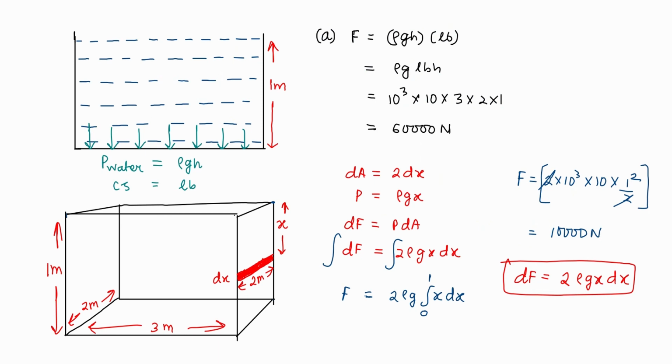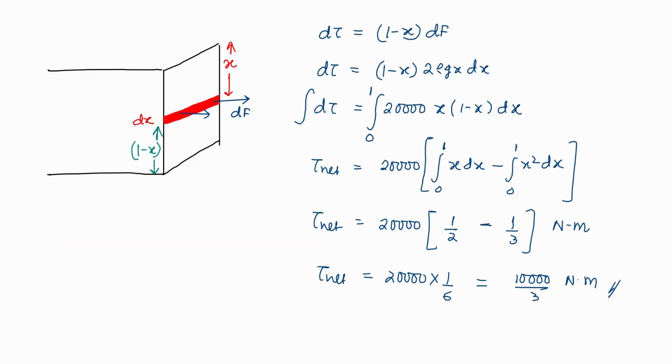Followed by that, we calculated the equation for torque. For the patch selected, we calculate the torque from the bottom of the vessel. So while writing the torque equation, the distance should be measured from the bottom of the vessel, and hence if this is x, it turns out to be 1 minus x into dF.